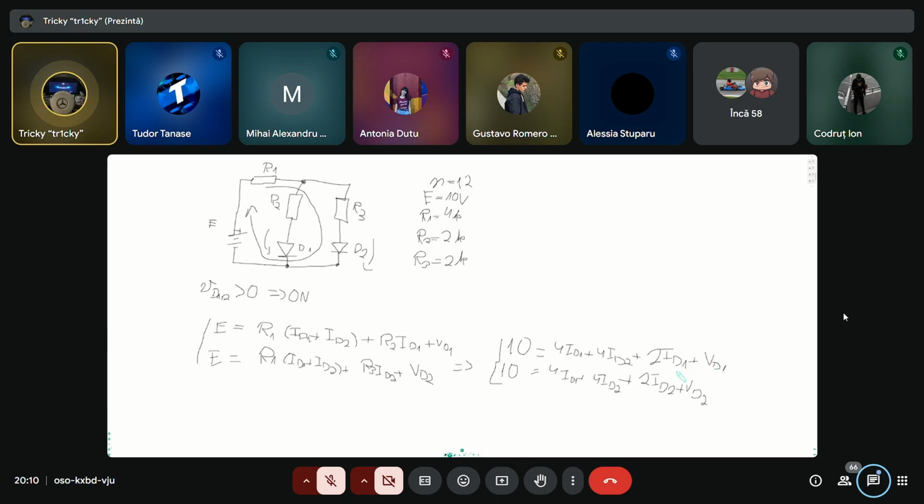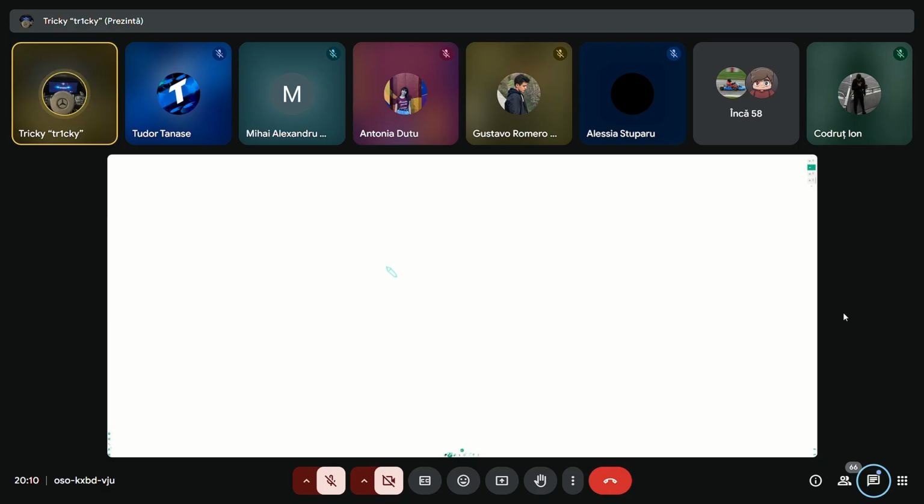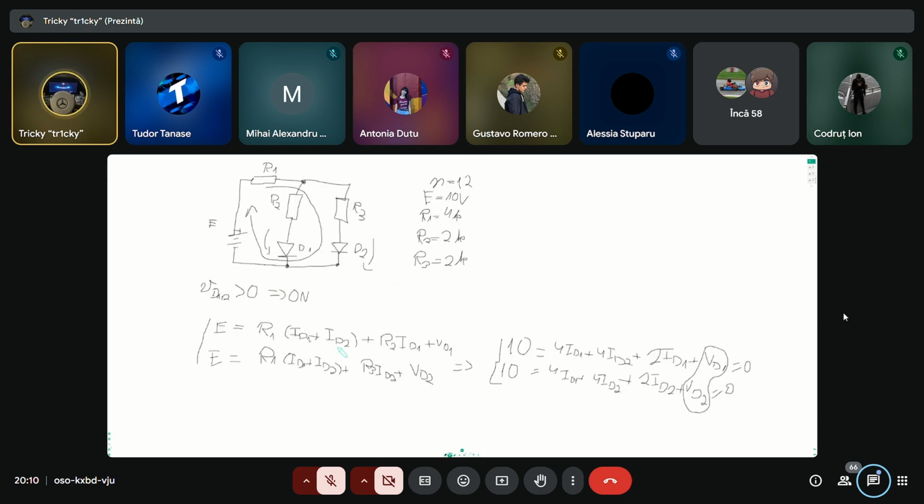So again, we're gonna do the same thing we did in the last exercise. We're gonna assume that VD1 and VD2 are both 0. So we can add up what we have here. We have 4 ID1 plus 2 ID1 plus 4 ID2.